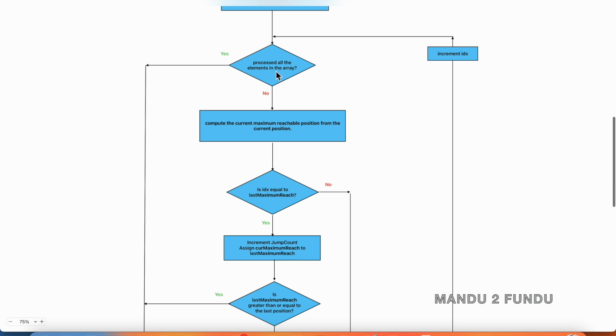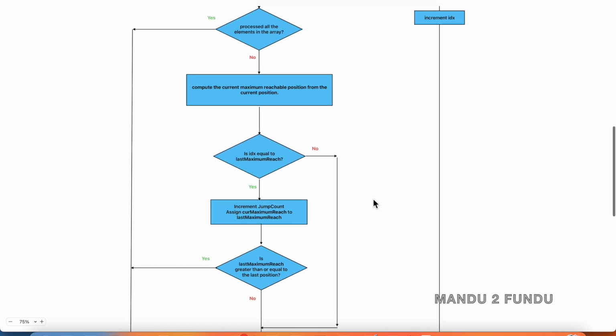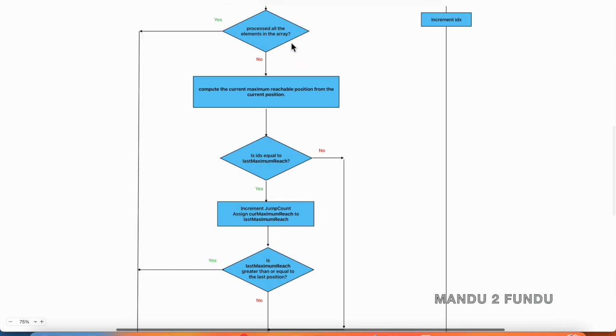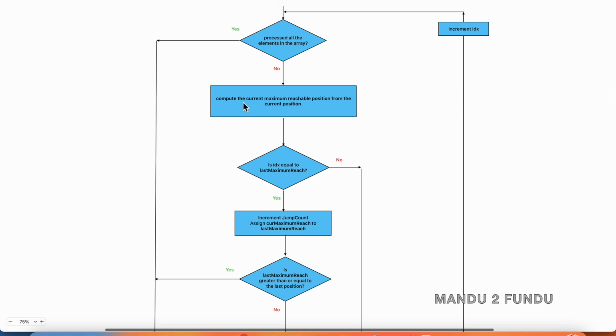First we check whether we processed all the elements. If so, we simply return the current jump count, and if not, we compute the current maximum reachable position from the current position. Basically we find the maximum of the current maximum reachable, and from this position how far we can jump.